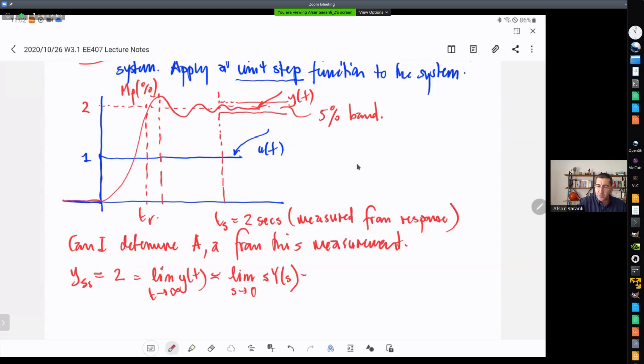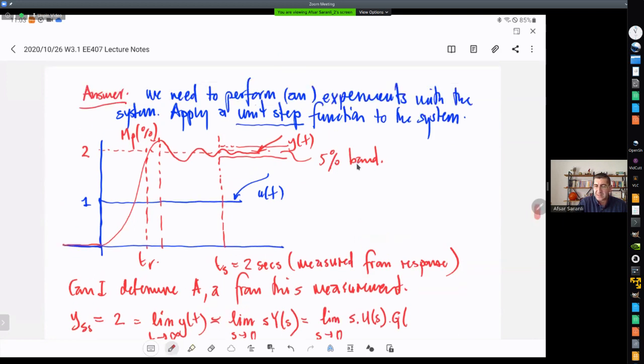And what is that equal to for our given transfer function? It is equal to the limit as s goes to 0 of s times U of s times G of s. What was our GM of s?